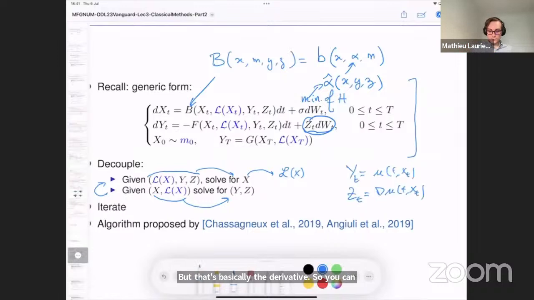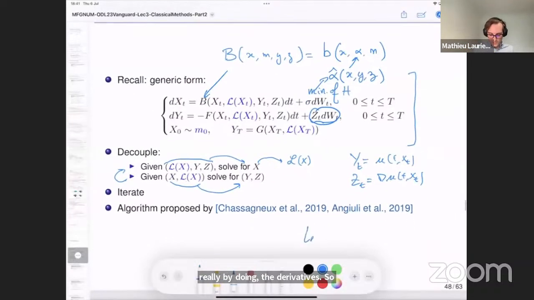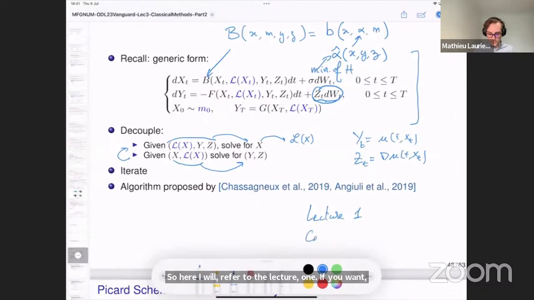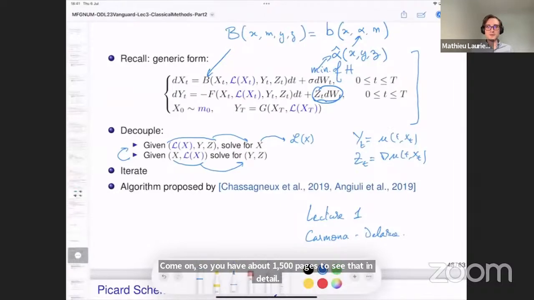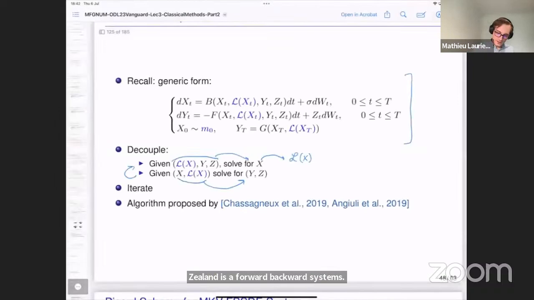You can see that really by doing the derivative. Here I will refer to lecture 1 at the end of the slides, and otherwise the book of Carmona and Delarue. You have about 1,500 pages to see that in detail, in case you want to understand everything about Z and these forward-backward systems. But if you want more details, I'm happy to give more details later.